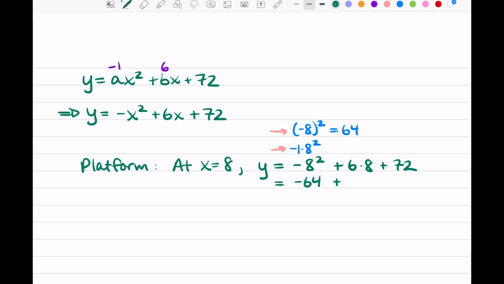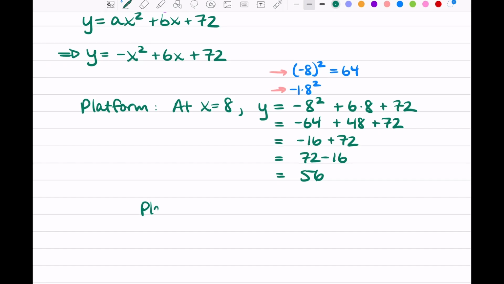And then 6 times 8 is 48. Negative 64 plus 48, that gives us negative 16. And then negative 16 plus 72, that's the same as 72 minus 16. That gives us 56.